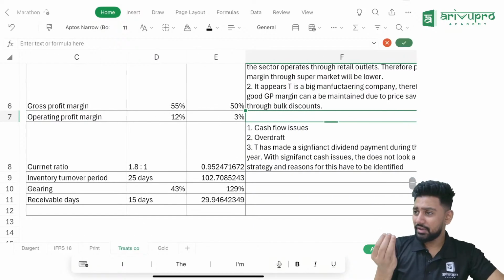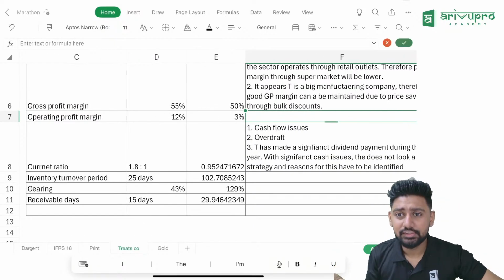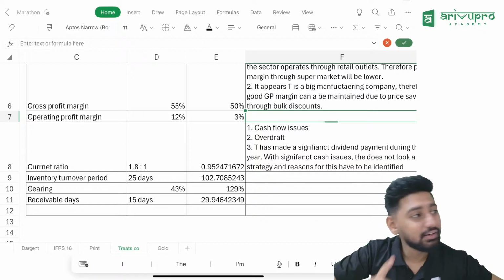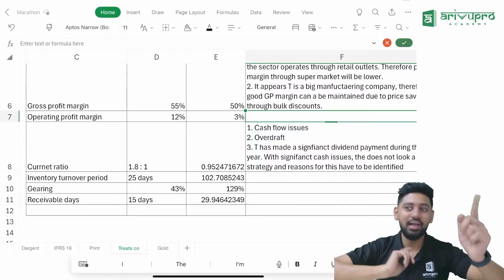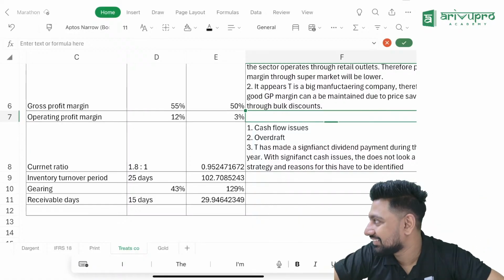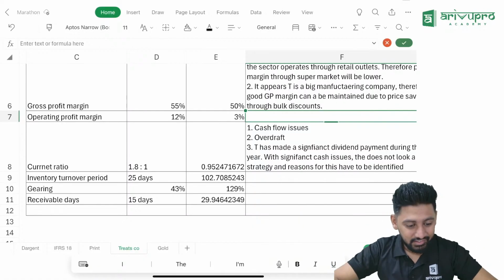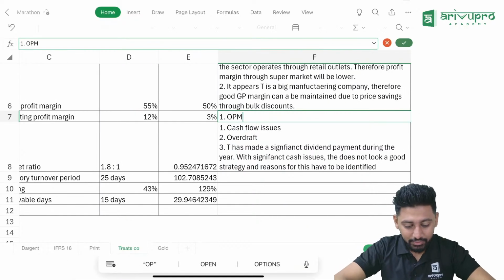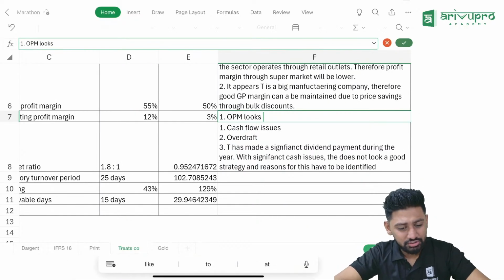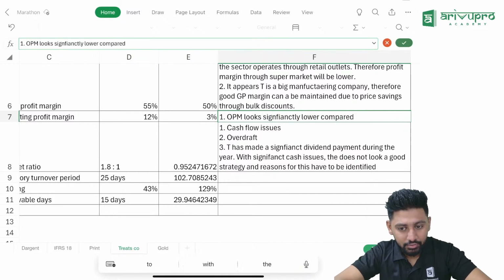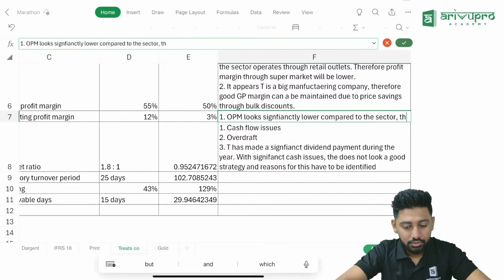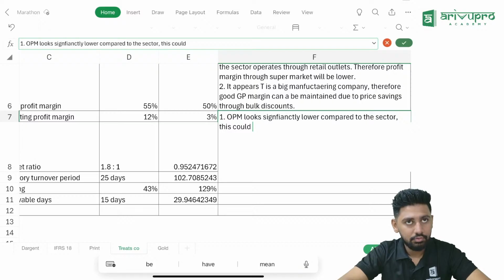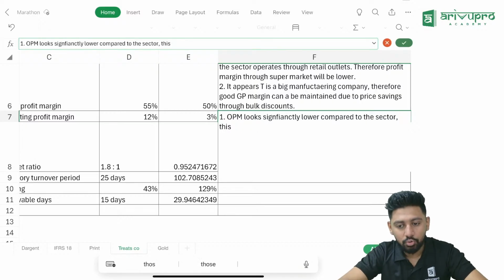But when you look at operating profit margin, it looks very, very low. It's a major concern. But I can bring in my operating cost, because I know their repair and maintenance cost is quite high. So, number 1, operating profit margin looks significantly lower compared to the sector.